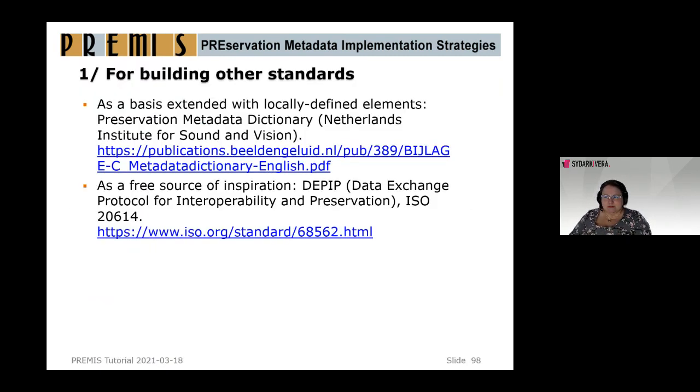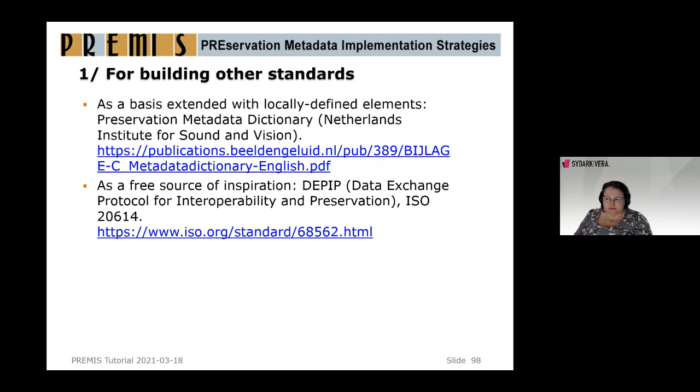So when you're using PREMIS, you can actually use it to create local standards. So you use PREMIS as the starting point for defining your preservation. We have in the Netherlands the Institute for Sound and Vision. They store TV, movies, and so on. And they have actually started off with the PREMIS data dictionary and extended it to be their metadata dictionary for their preservation.